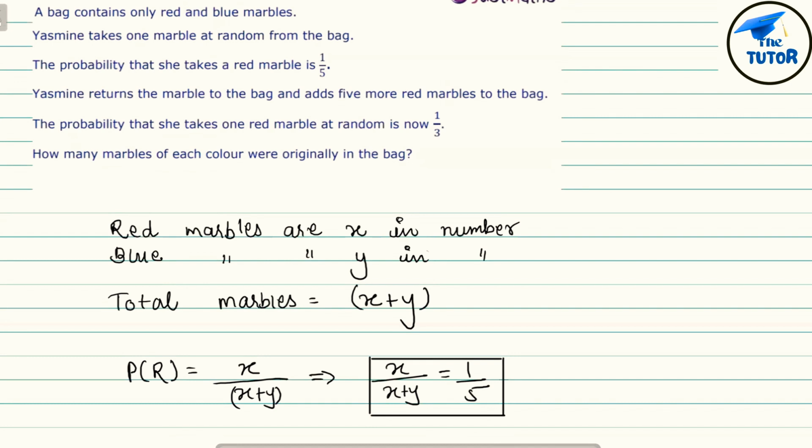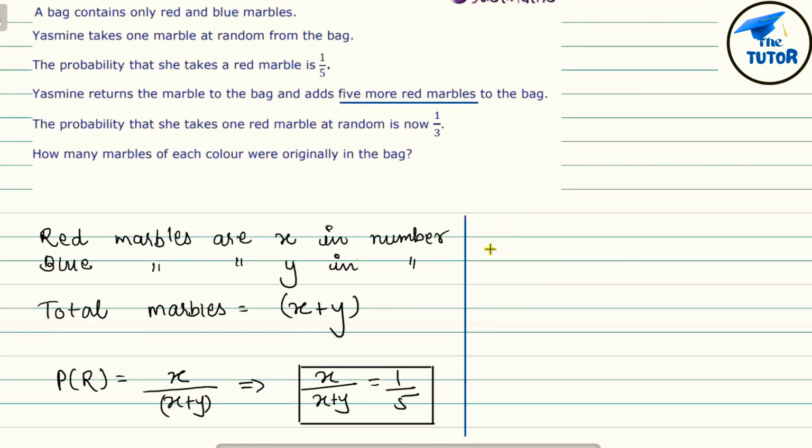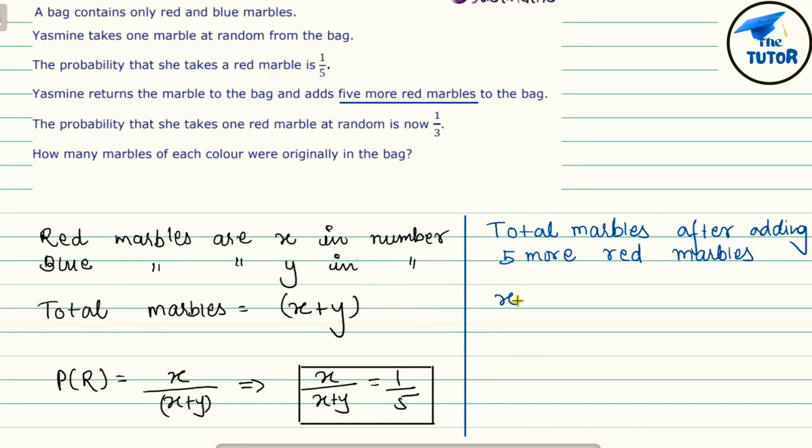But this is a linear equation in two variables. When you simplify this, it will end up being a linear equation in two variables. When she adds 5 more red marbles, the total number of marbles will be x, the number of red marbles, plus 5 more, plus y.